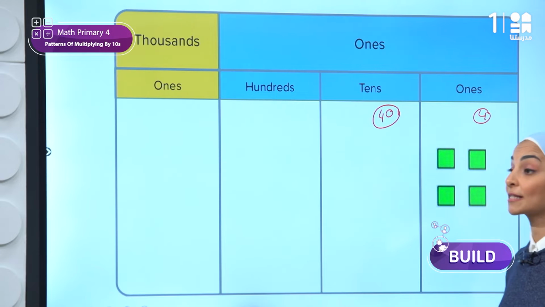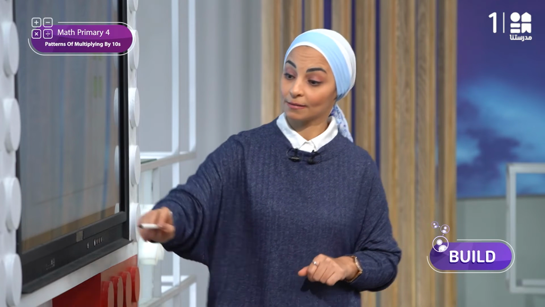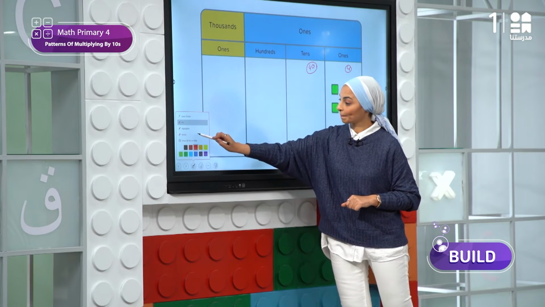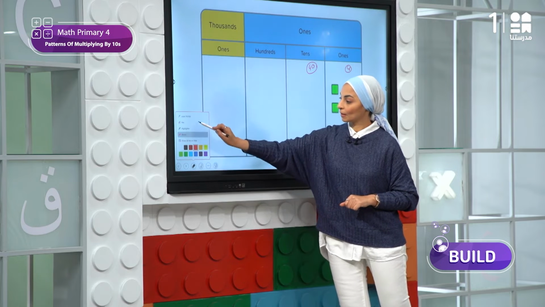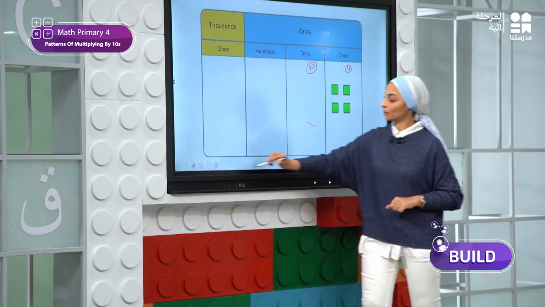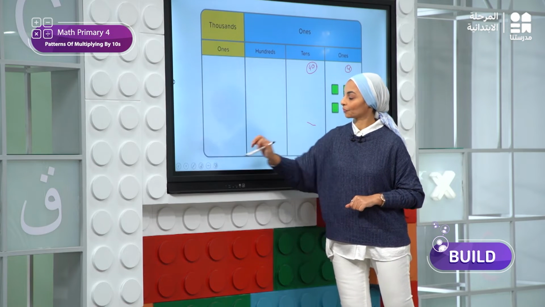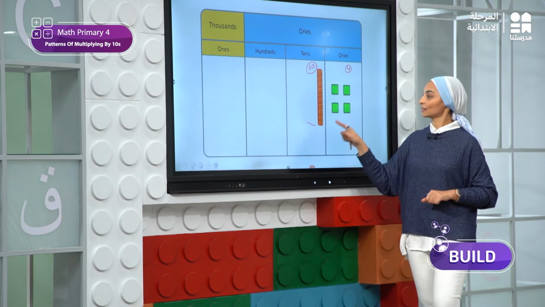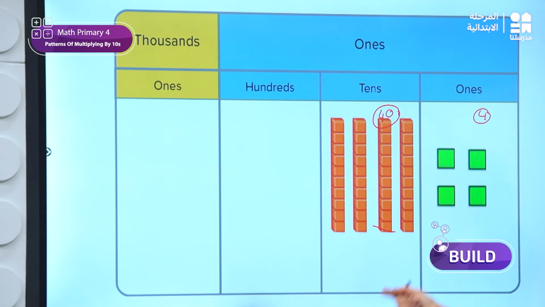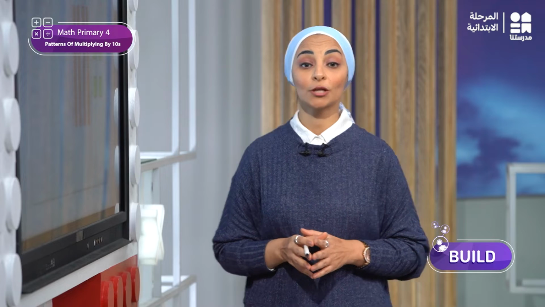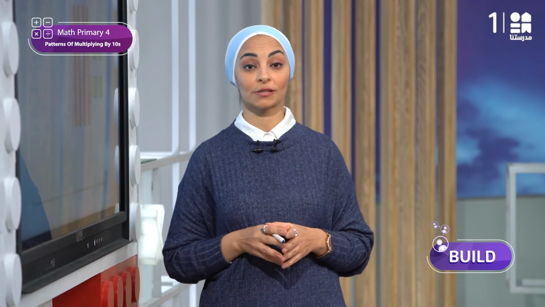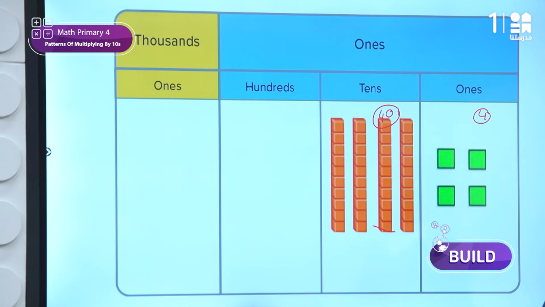Yes, it means I have 4 in the tens, like you see here. So 4 in the tens. 1 ten, 2 tens, 3 tens, and 4 tens. So, how many rods do I need to draw in the tens column? Yes, 4 rods.